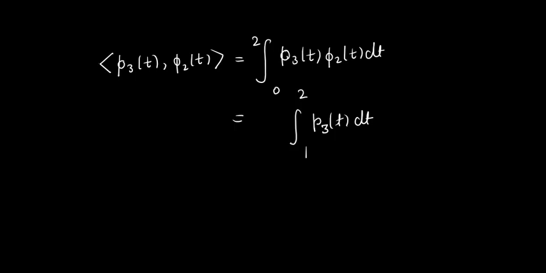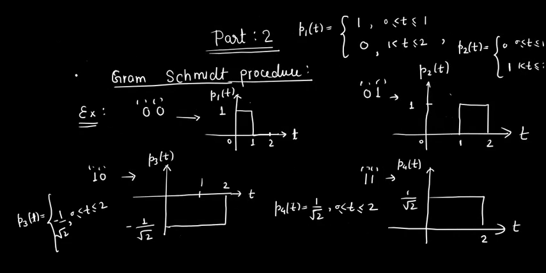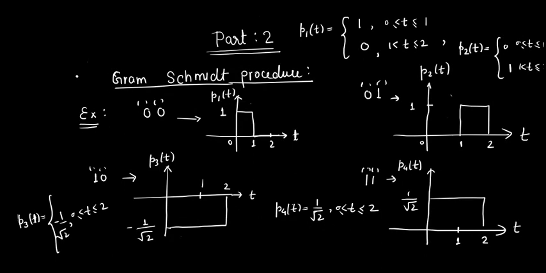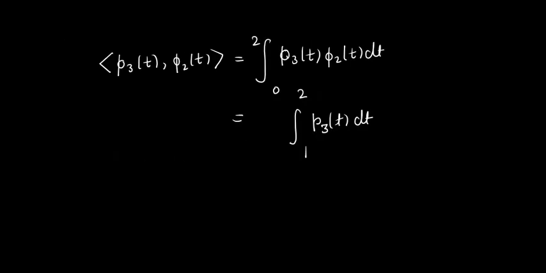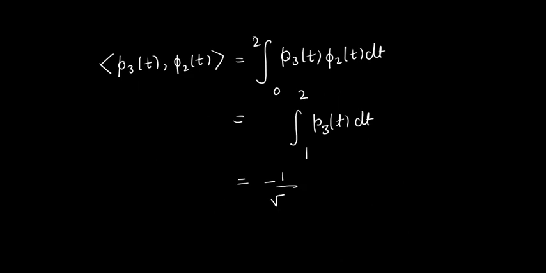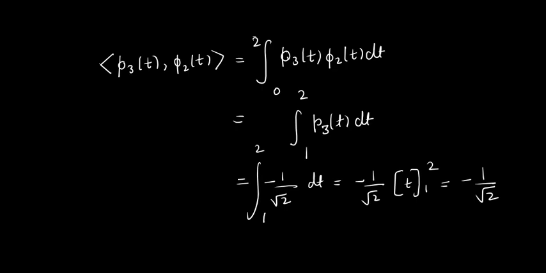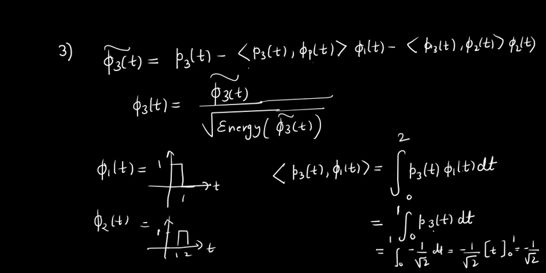Now, from 1 to 2 your p 3 t is minus 1 by root 2. So, it is minus 1 by root 2 integrated from 1 to 2, which is also equal to minus 1 by root 2. So, this quantity is minus 1 by root 2, and this quantity is also equal to minus 1 by root 2, right.